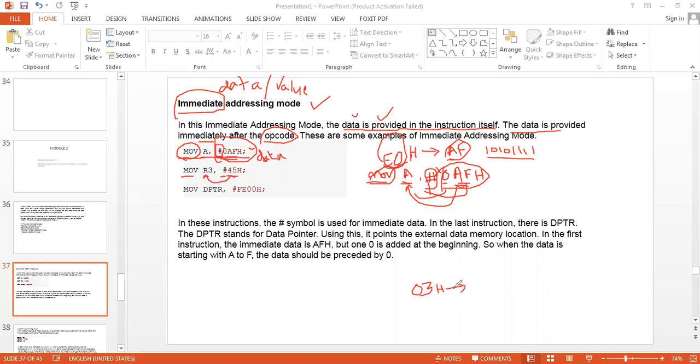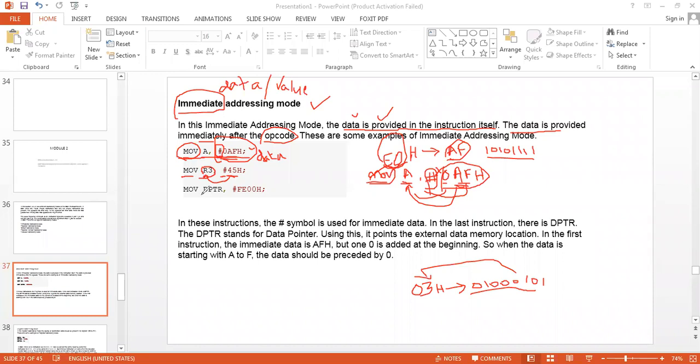Into the 03H address, 45H will be stored. What is 45H? 0100 0101. This data is loaded into 03H, and 03H stands for the R3 register.